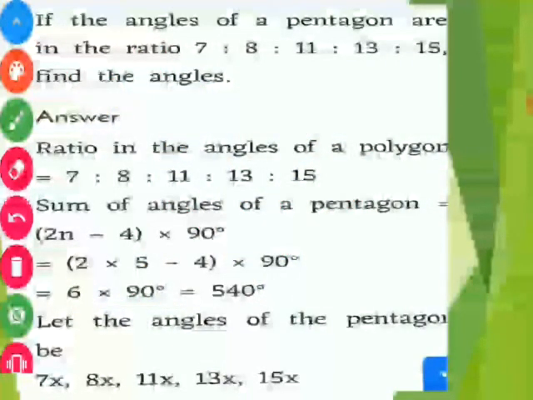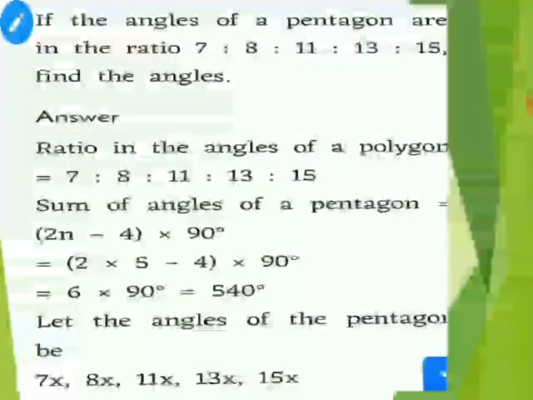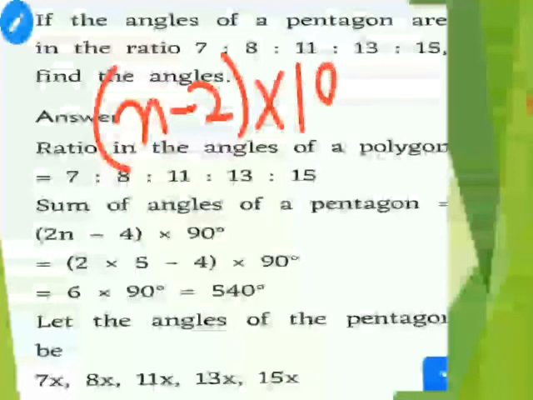So we have calculated the sum of interior angles here. Otherwise, we will use the formula to calculate it. So we all know the formula, (n minus 2) multiplied by 180 degree. As you know, in a pentagon there are 5 sides. So (5 minus 2) multiplied by 180 degree. This is equal to 3 multiplied by 180 degree, which is equal to 540 degree.